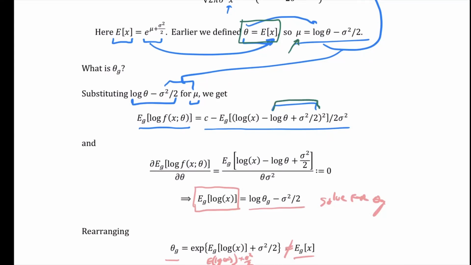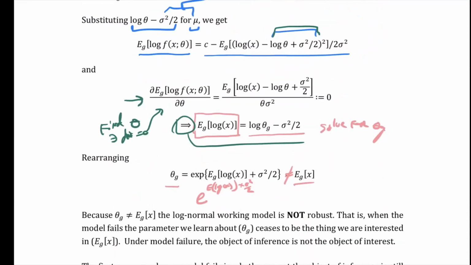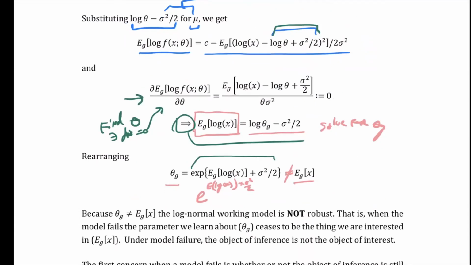It goes back to the original scale for me. And then I take the derivative here and set it equal to 0, right? So then I need to find theta such that the derivative equals 0. That's that point, and that's all this. So you solve for theta g, and then this gives you the answer here.